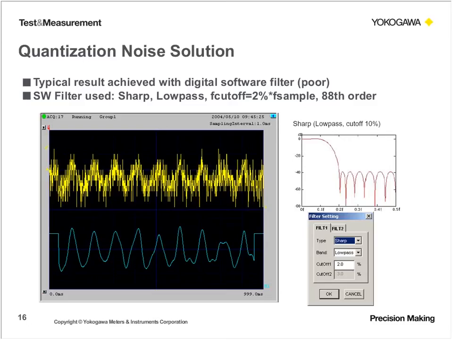The reason why I say it's a poor solution, if you take a look at the screenshot that I have there, in the top waveform, which is colored yellow, you have the original signal with a lot of quantization noise. Here I'm applying a sharp low-pass filter up to the 88th order, which is pretty high for a low-pass filter.